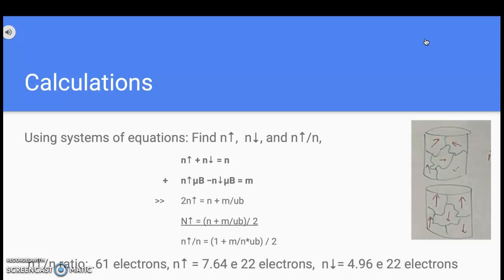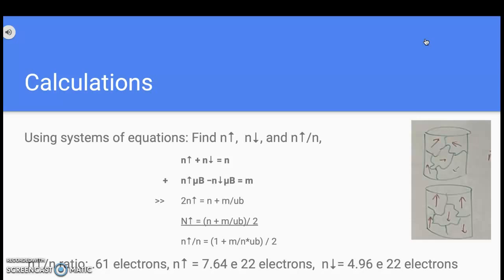So we have those two formulas here: N spin up plus N spin down equals N, and you also have N spin up times mu B minus N spin down times mu B, and that's from the other slide from earlier. That's our constant, equals M, right? Then you're going to rearrange this formula, and that's going to get you 2 N spin up equals N plus M divided by mu B, and then N spin up equals (N plus M over mu B) divided by 2.